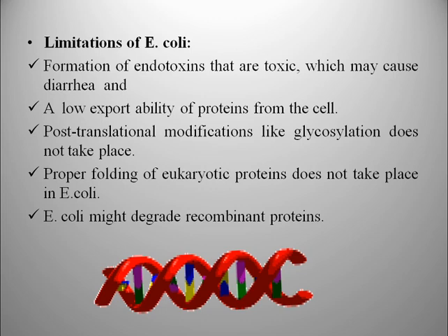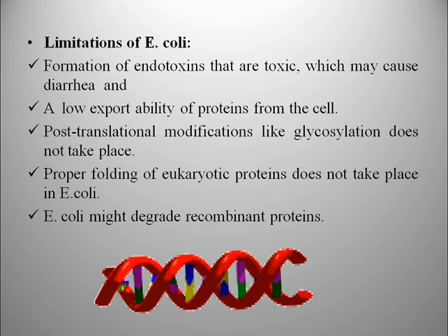Then proper folding of proteins does not take place. Some of the proteins are like that, glycosylation and proper folding are required to get the completely active structure of the protein, which cannot take place in E. coli cell. Then one more point, E. coli might degrade recombinant proteins, right? So these are the limitations of E. coli.